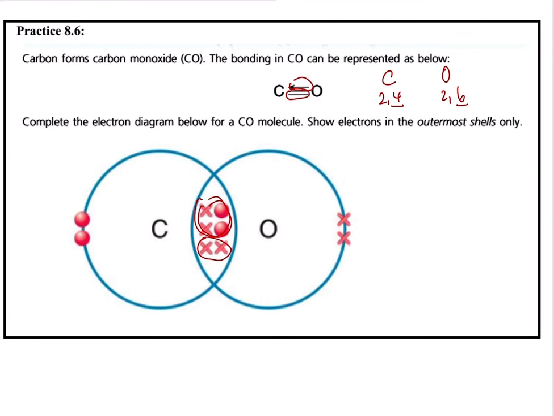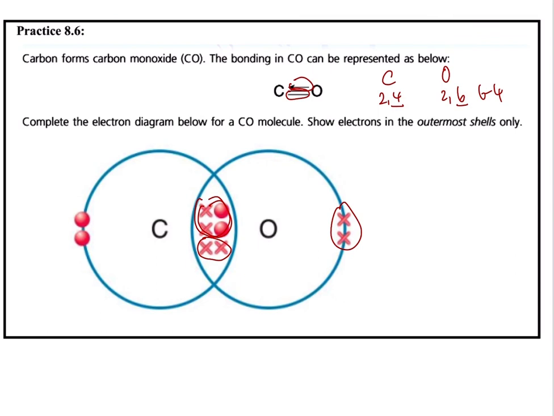Okay. So altogether, O uses 4 electrons to form bonds, and 6 minus 4 means 2 electrons are at O, the lone pair. For carbon, it uses 2 electrons to form bonds, so 2 electrons are its own lone pair.